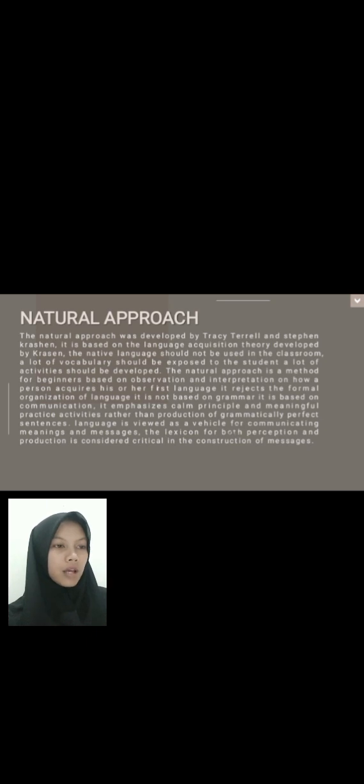It emphasizes comprehensible input and meaningful practice activities, rather than production of grammatically perfect sentences. Language is viewed as a vehicle for communicating meanings and messages. The lexicon for both perception and production is considered critical in the construction of messages.